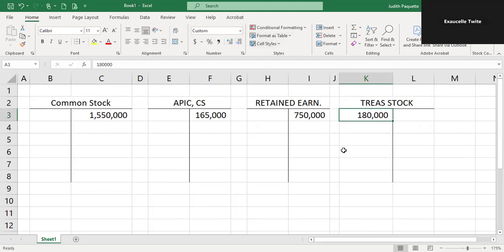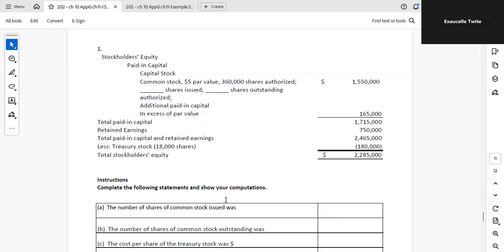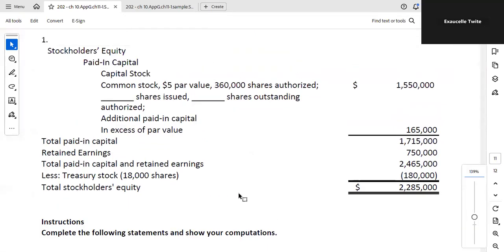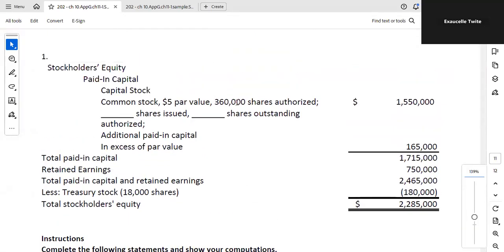Okay. So let's talk about this. So common stock. Let's go back to the problem. You can see this. Common stock says number of shares issued, you must calculate. Number of shares outstanding, you must calculate. So you really need to understand the difference between authorized, issued, and outstanding.